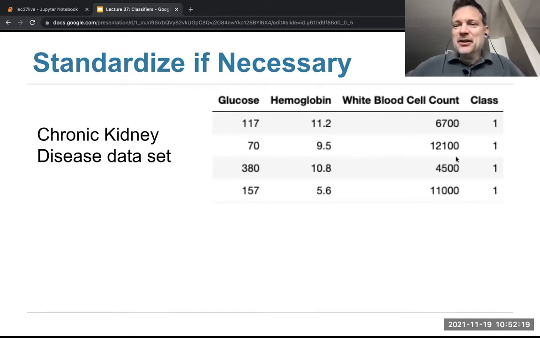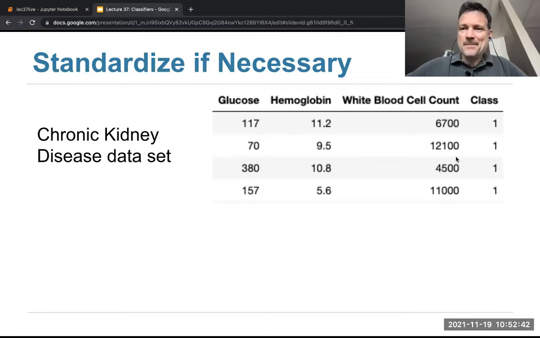Suppose I have a new test point and I'm computing the distance to things in this data set. Which attribute do you think will have the biggest influence on the distance measure? The white blood cell count.